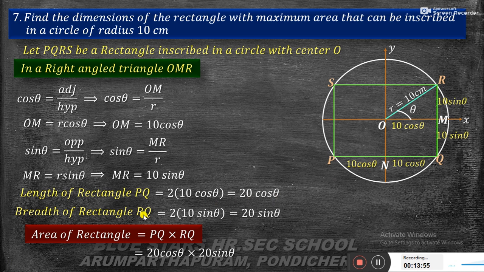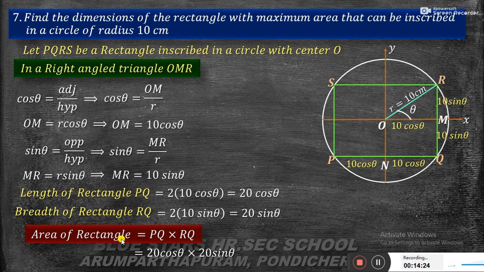Breadth of the rectangle RQ: we find the RM length, that means RM length equal to 10 sin theta. So RM length 10 sin theta means MQ length is also 10 sin theta. Therefore the breadth of the rectangle RQ equal to 2 times 10 sin theta, 20 sin theta.